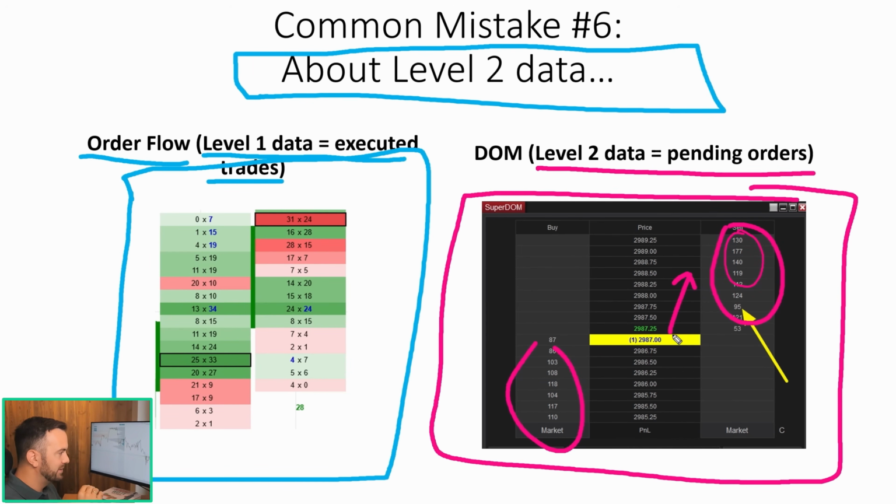But if the price starts to rise and is getting close to that pending order, they withdraw their pending order, right? So it's not actual intent of trading there. And that's the big difference, because order flow shows actual trades, the DOM or the market depth or the pending orders are not actual trades, right? So you don't need level 2 data, just level 1.